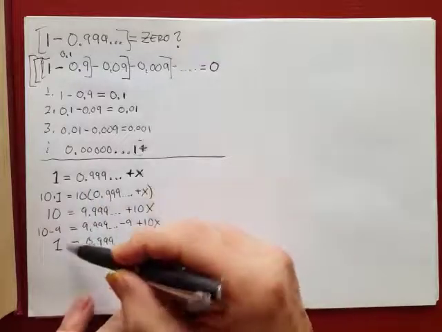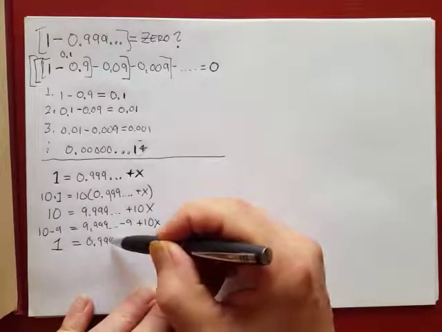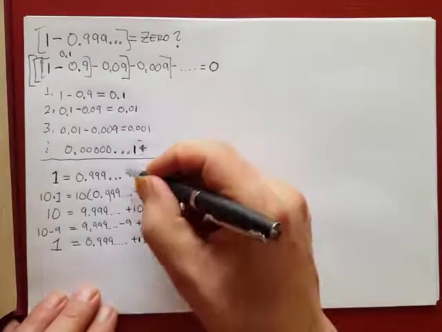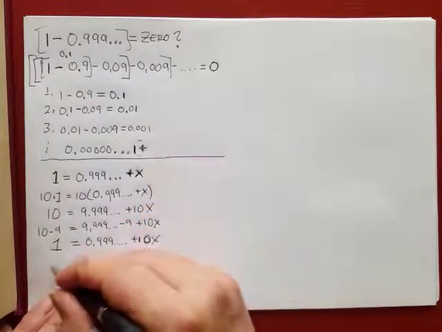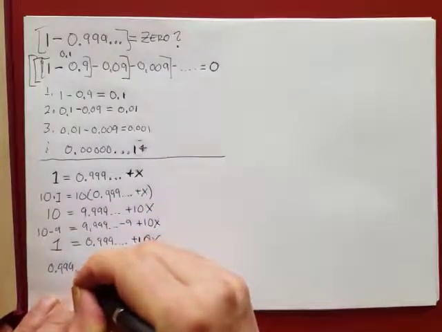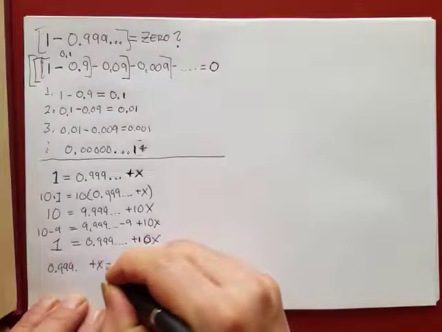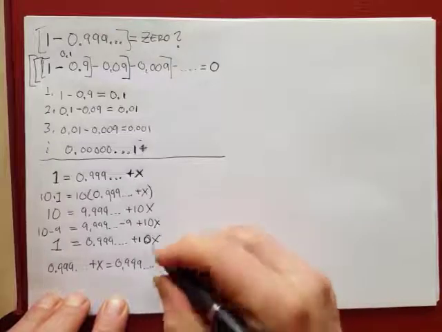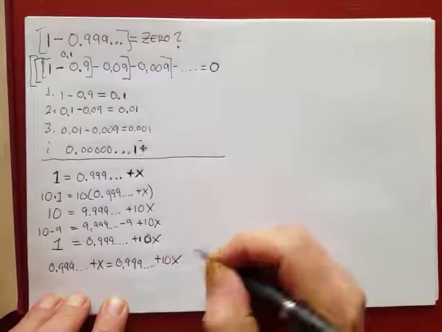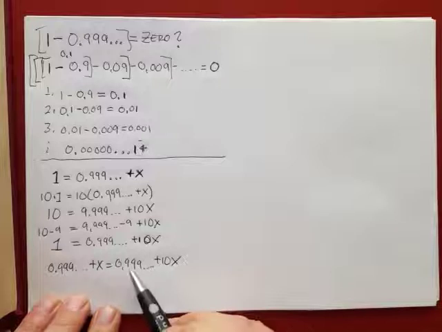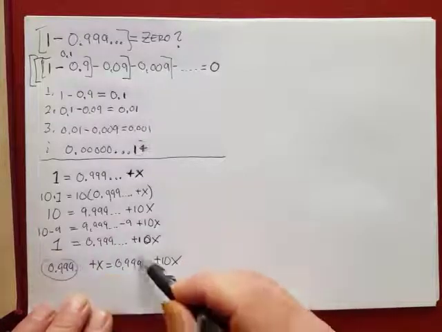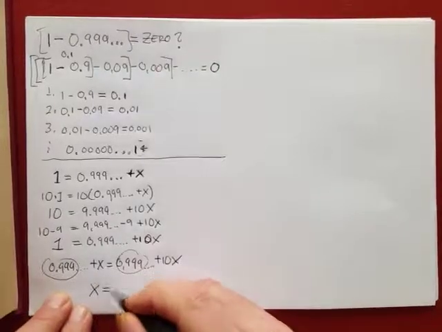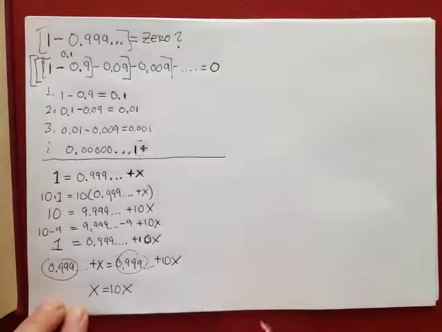And now we end up with 1 equal to 0.999 plus 10x. In other words, we are saying 0.999 plus x is equal to 0.999 plus 10x. And here we could remove this number by just subtracting it, and we get x equal to 10x.